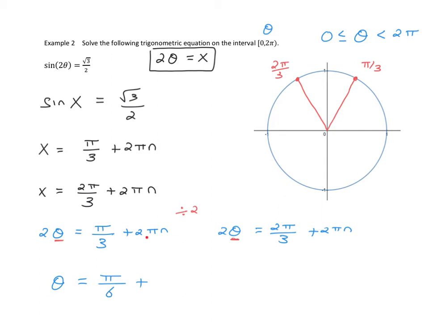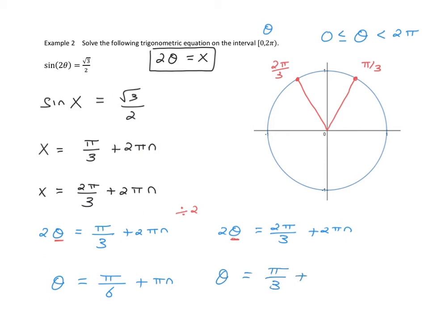And if you divide 2 pi n by 2, it'll cancel this 2 and give you pi n. So here's one of the solutions for theta. It's really pi over 6 plus pi n. Same thing happens over here. If you divide 2 into this denominator, it'll cancel with that 2. So theta is equal to pi over 3.